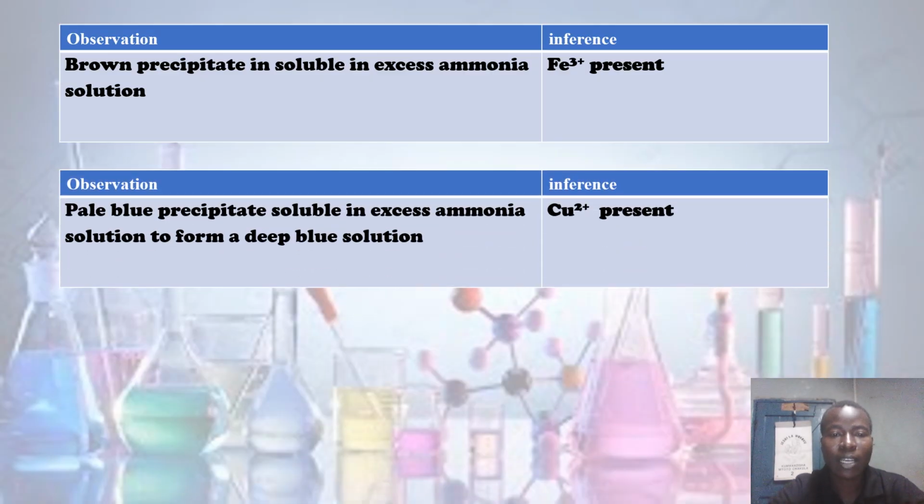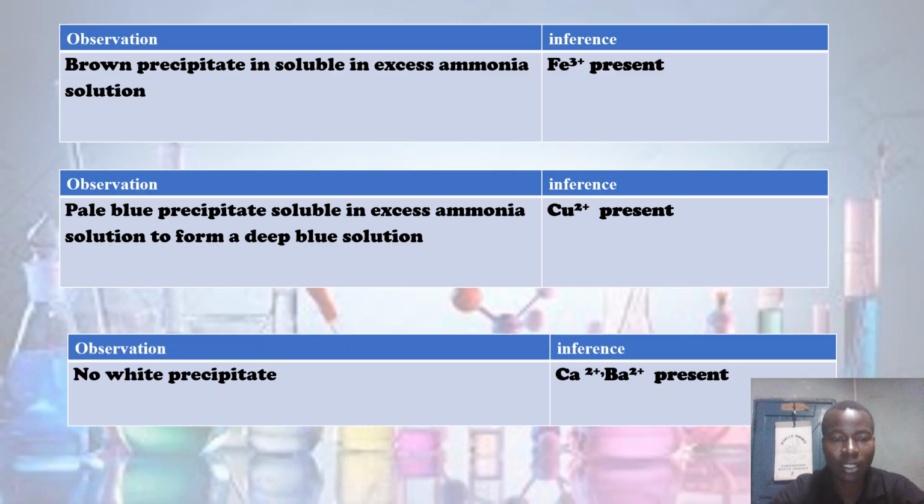If you have a pale blue precipitate which is soluble in excess ammonia to form a deep blue solution, it implies that copper ions are present.